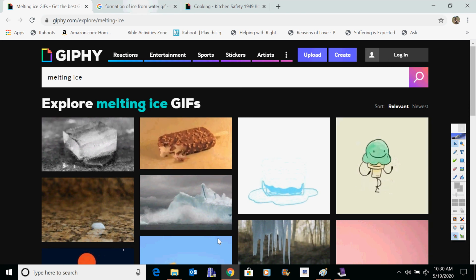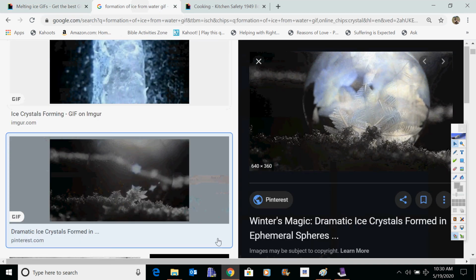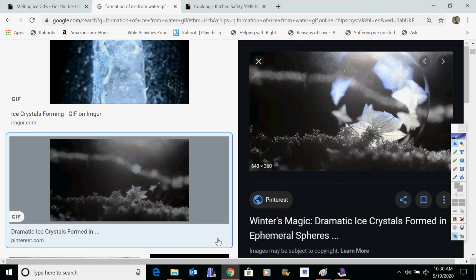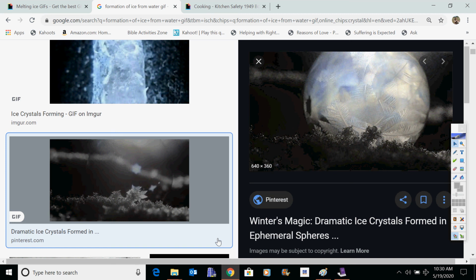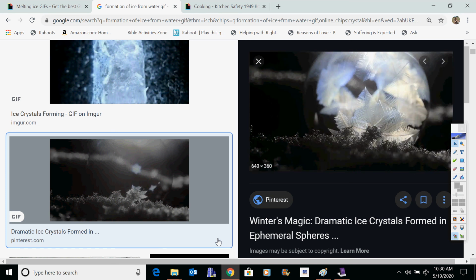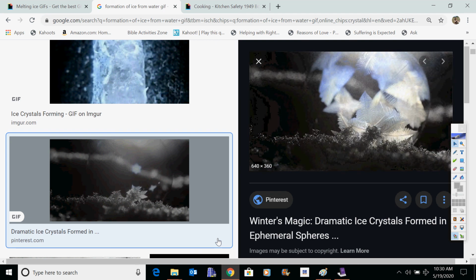Same thing in the reverse. If you're having energy taken out, and the surroundings are colder, you get to the freezing point, which is the same point as the melting point as far as temperature goes, and as more energy is taken out, it begins to change state and freeze.